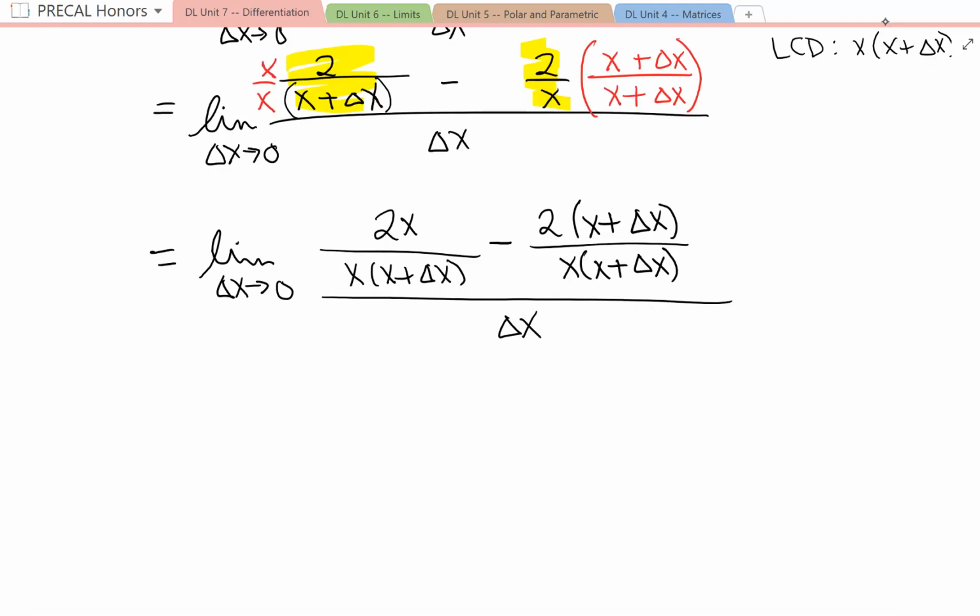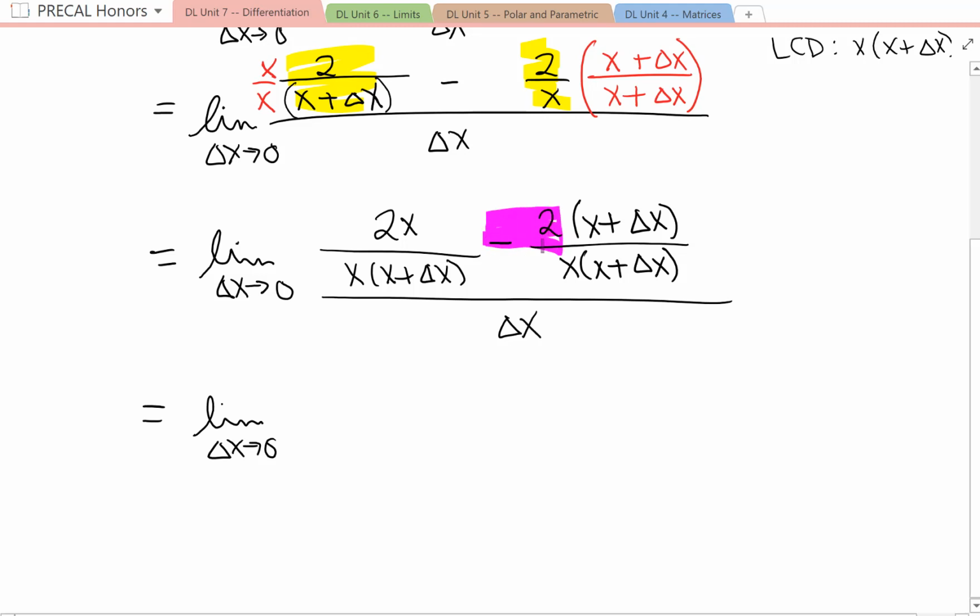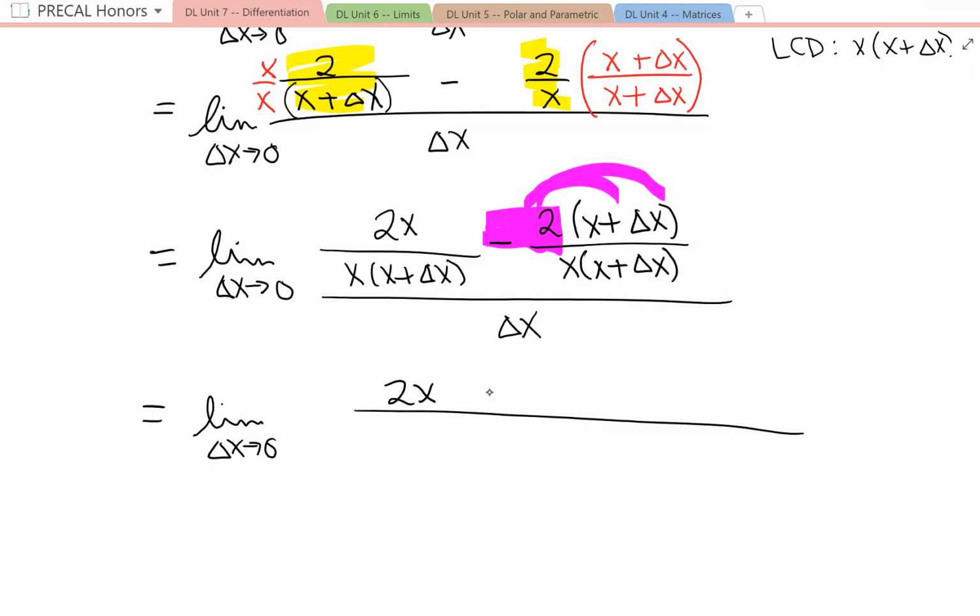Our mini fractions now have the same denominators, so we can combine the numerators. Please don't forget to distribute this negative. Okay, so go ahead and distribute a negative 2 into this parentheses. 2x minus 2x minus 2 delta x.